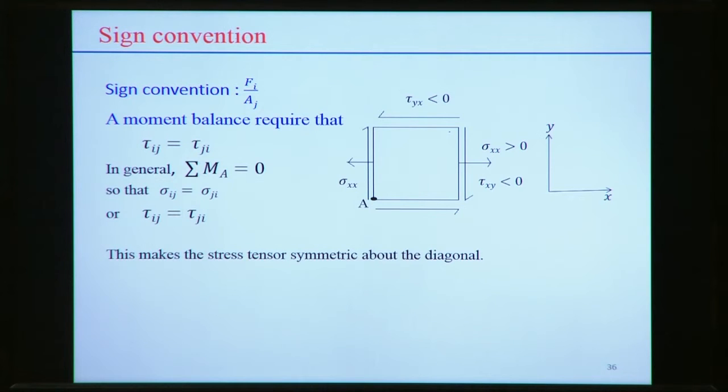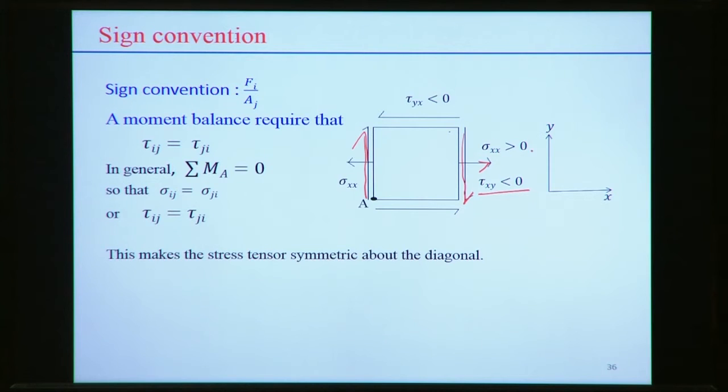Now for the sign convention, if we focus on the two-dimensional case along the axes y and z, the arrow along the direction x represents sigma x, the normal stress, which is greater than 0. But when a shear stress acts in the opposite direction, it is less than 0, that means negative.